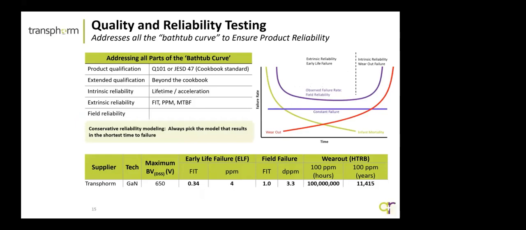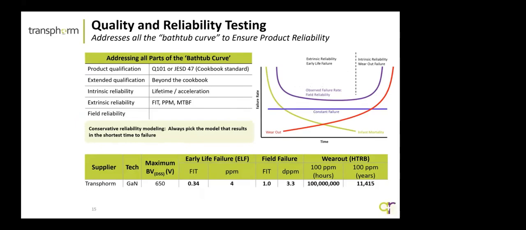When we talk about reliability, reliability is a cornerstone of Transform. So we've taken into account all the different aspects of the reliability of our technology. With respect to product qualification, we've done the Q101 or JESD 47, which is basically the cookbook standard. But like other GaN suppliers, we've also done the extended beyond the cookbook, where we increase the number of cycles, increase the number of parts, and so forth.